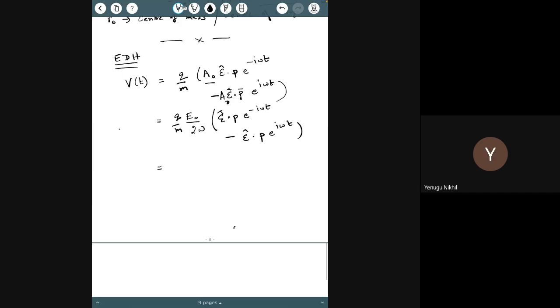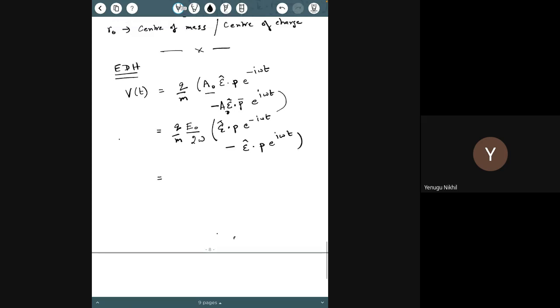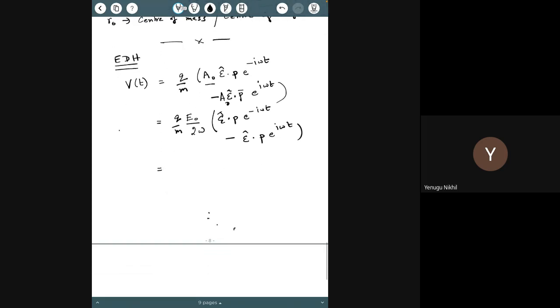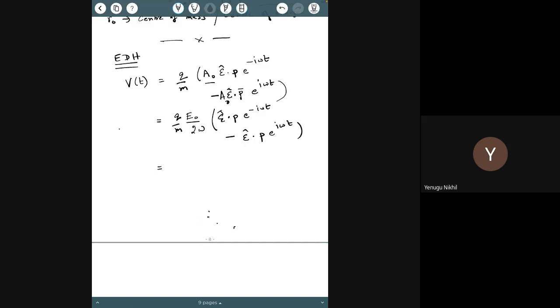Maybe here you will get i anyway because if you see the summation term in the bracket, e power minus i omega t minus e power i omega t is there. From there you will get i. Yeah, I'll get i. So this will be 2i into this. Let's see. No, I'm just thinking if my relation of A0 with E is also fine.